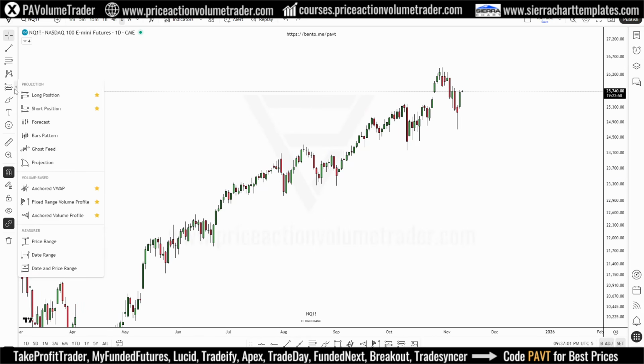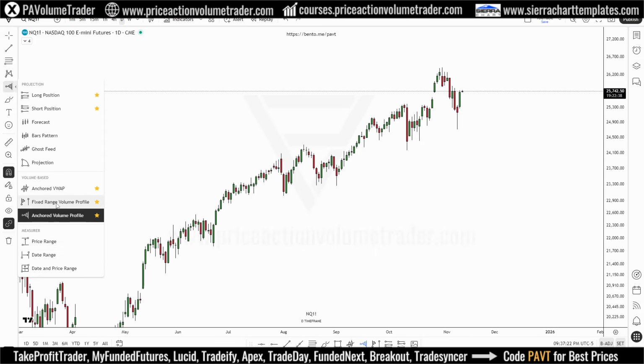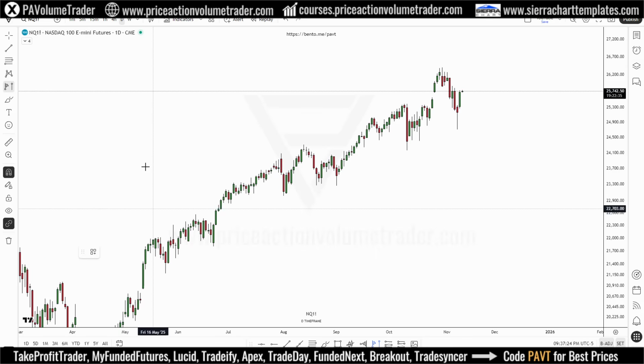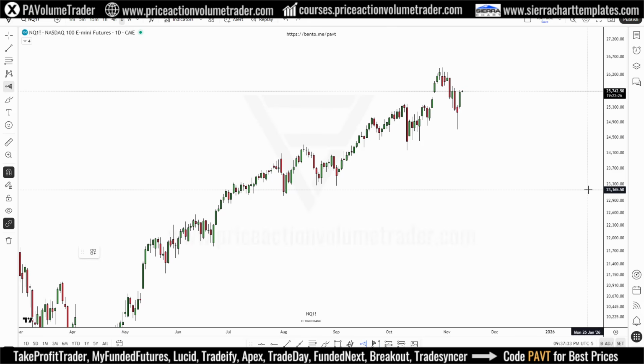And by the way, this is my favorite tool to use, Anchored Volume Profile, because I put it on and it's going to be all the way here to the right edge of the chart, okay? I either like to use that one, or I will use a fixed range volume profile on the left side, okay? But generally on TradingView, I prefer to use an anchor profile on the right side.